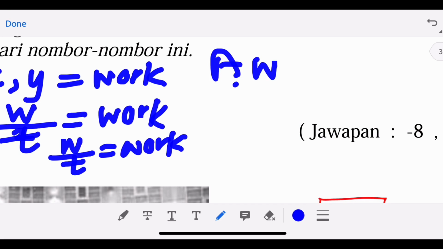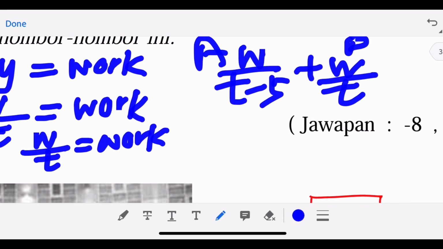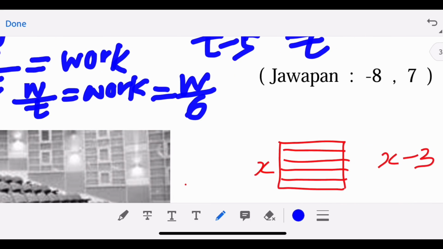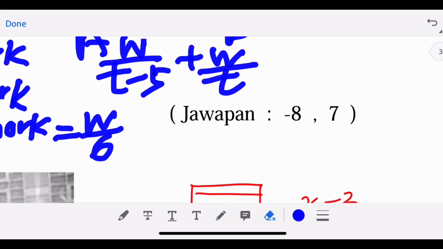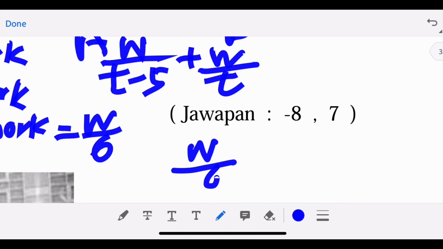Okay, let's say B is t. Alright, so we just use W as the unknown for the work, or the quantity of the work, over the time. So for A it is W over t minus 5, for B it is W over t, and if both of them work together it will be W over 6.